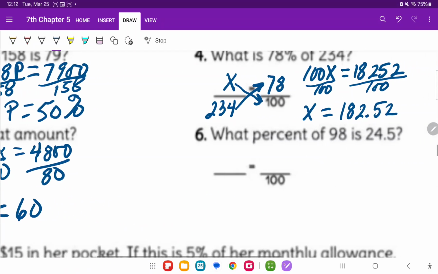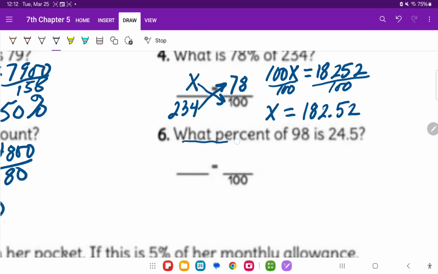All right, on number 6, it says what percent. So that means we have a what percent, and it's is over of. So the is 24.5, and the of is 98. All right, so we cross multiply.